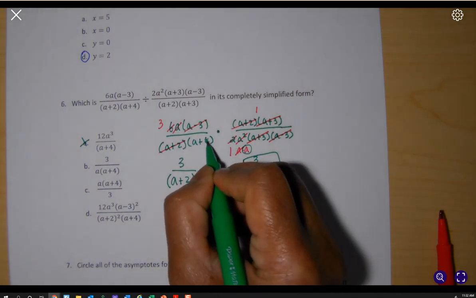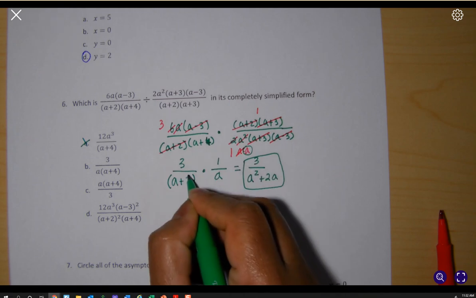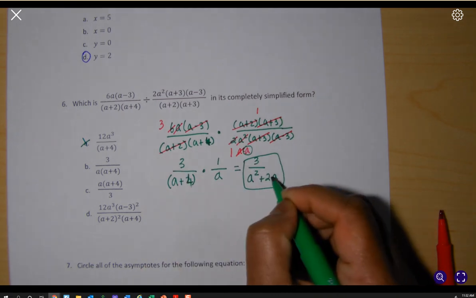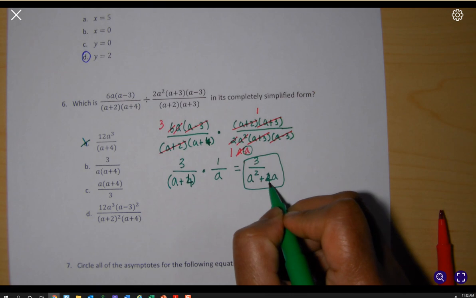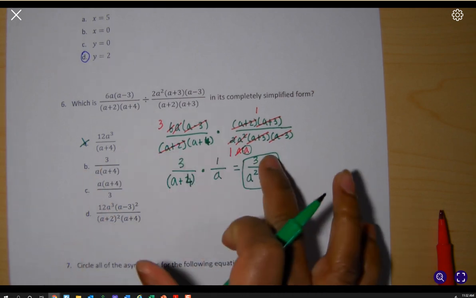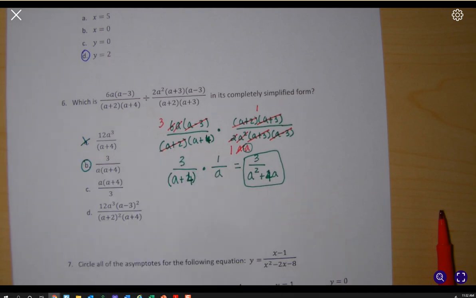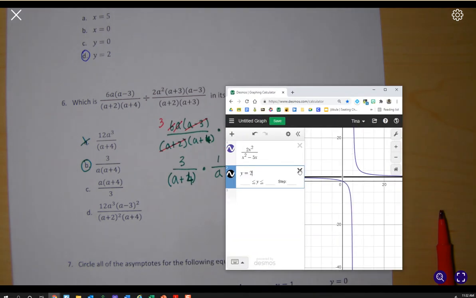Oh my god. Which means that that got cancelled out. So this is a 4 here. This is a 4. Anyway, this is the answer. 3, and then a times 4 plus 8. So it's b. Okay. Now, if you want to do this in Desmos, you can certainly do it in Desmos.